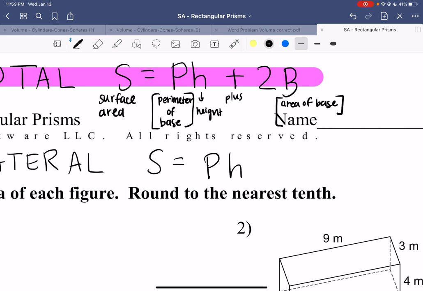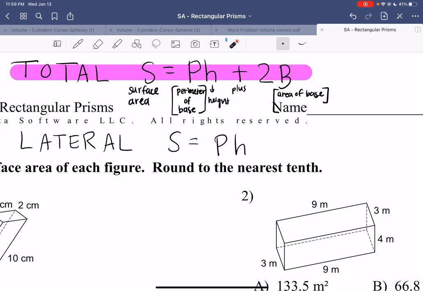Okay, so we have capital P is the perimeter of the base, and capital B is the area of the base, and that is for total surface area. So if we're going to lateral surface area, this is still surface area.